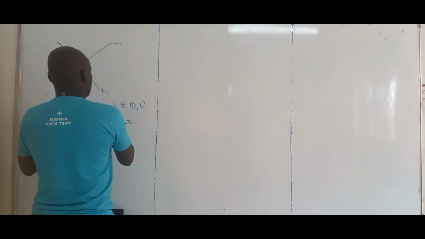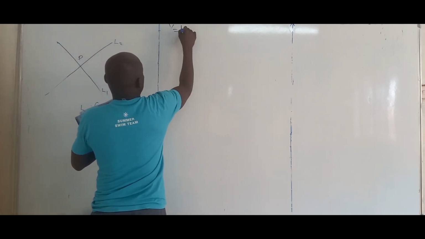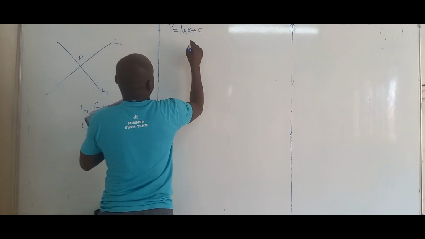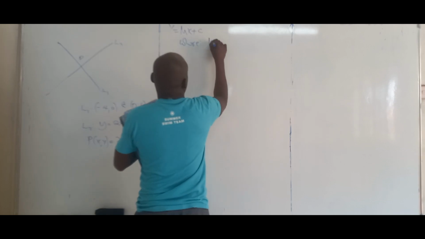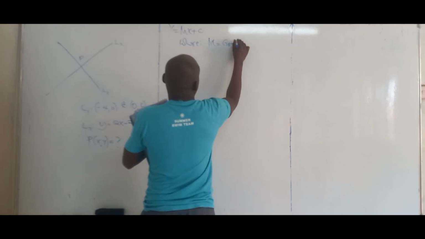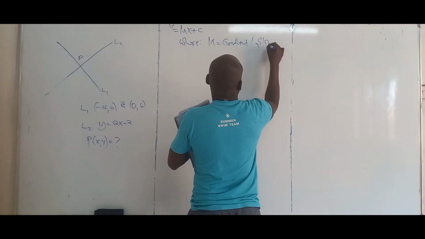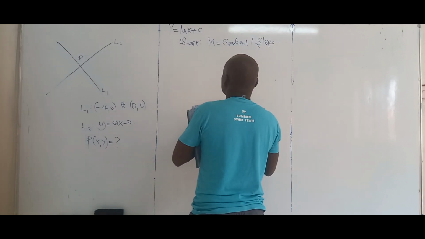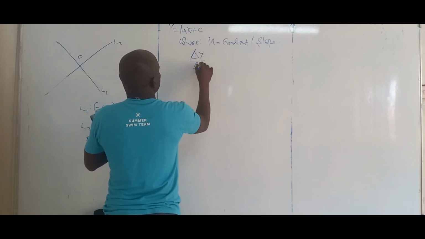The general line is y = mx + c, where m is the gradient or the slope, and it's given by the change in y over the change in x.